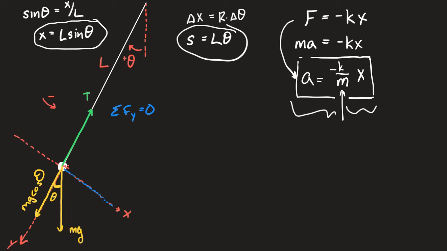Corresponding, alternate interior, alternate exterior, vertical angles, all that garbage? Neither do I, clearly. So that one's mg cosine theta. And so I could say that tension minus mg cosine theta equals 0. I don't need to do anything with that. That's not the direction it accelerates. So I'm going to jump to the next one, which is net force in the x direction.